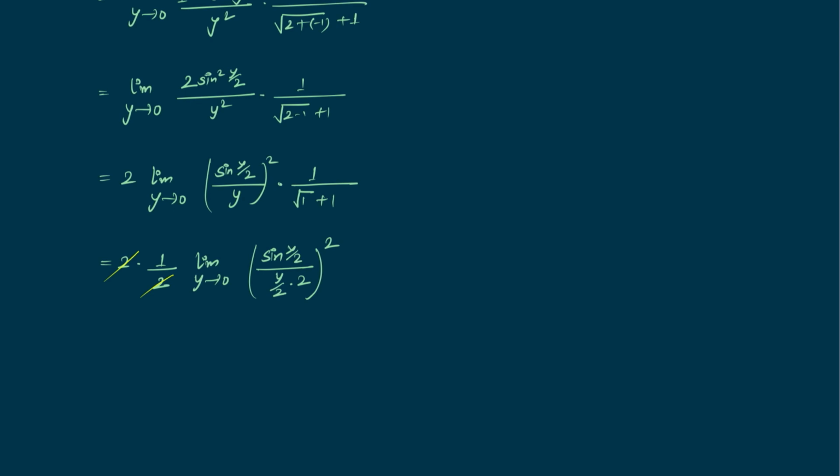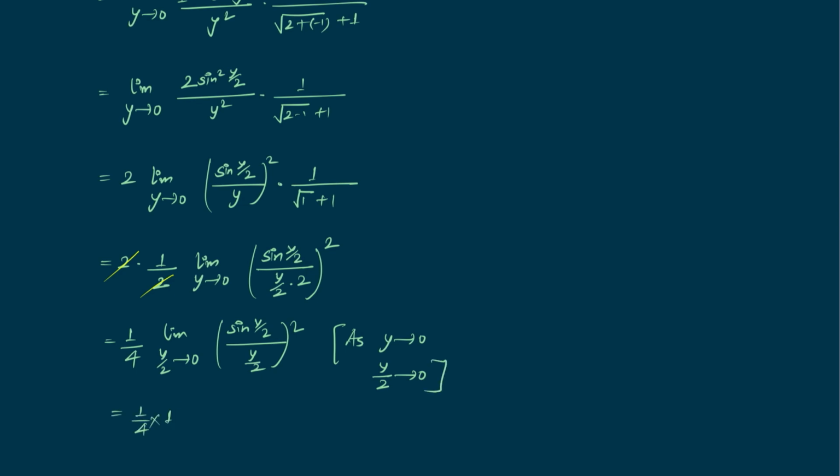So in front it will be 1/4, and limit y/2 tends to 0 of (sin(y/2)/(y/2))². Since as y tends to 0, obviously y/2 also tends to 0, it will be 1/4 into 1² equals 1/4. The answer for this question is 1/4.